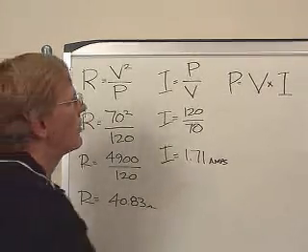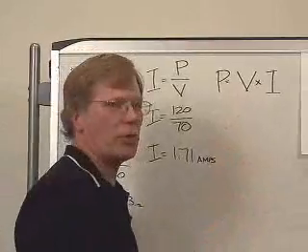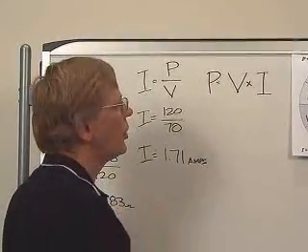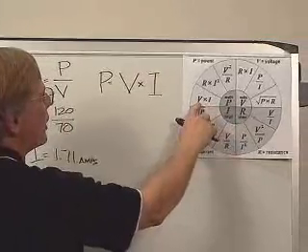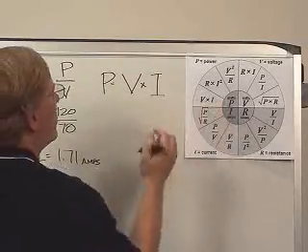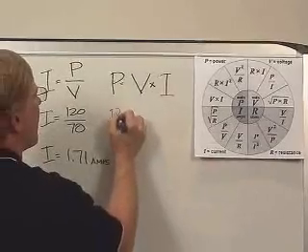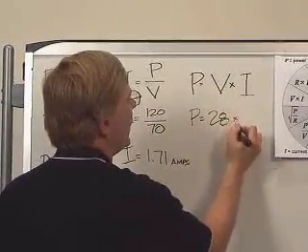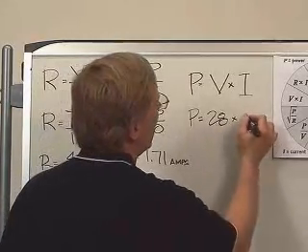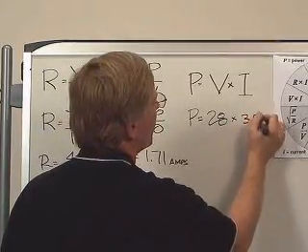The third example here, I want to know what the power is for a given voltage, and I also know the current, so I want to know the power. I go over here to the formula wheel, and I can find out voltage times current will give me the resultant power. So power here, let's say I have 28 volts, and we're going to say 3.5 amperes worth of current.